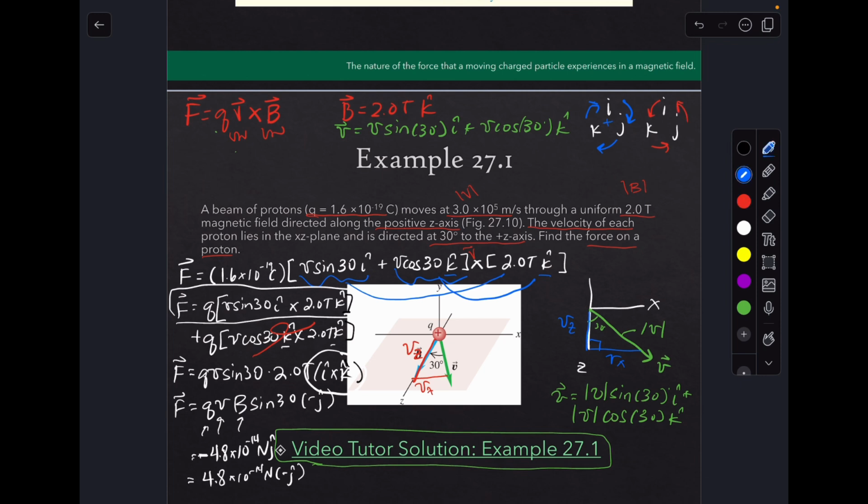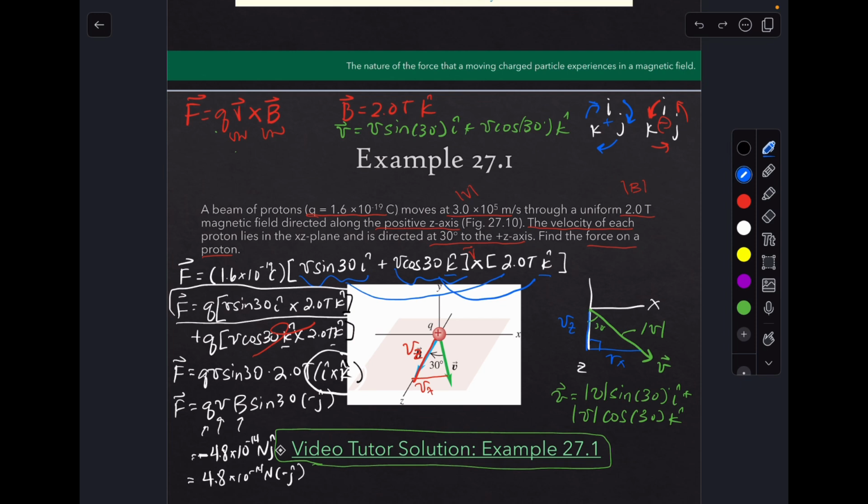You get a positive for the first and a negative for the second. So when crossing I cross K, I'm following the arrow from I to K, which makes my resulting direction the negative J hat.